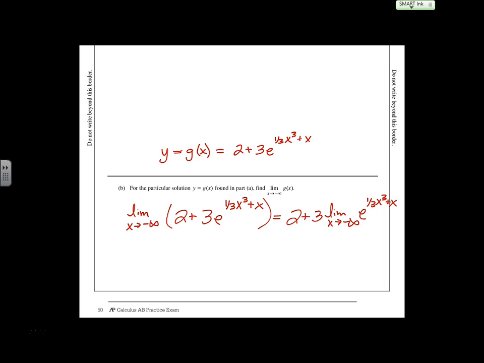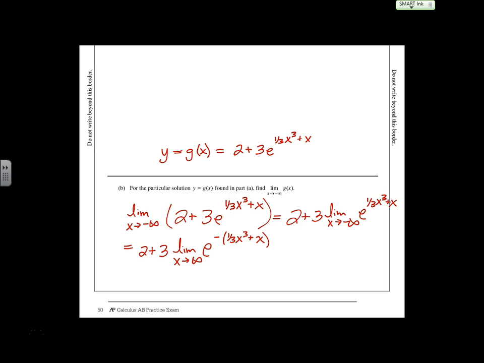Let me show you what's going on here mathematically. If the limit as x goes to negative infinity is of the exponent, I could rewrite this problem and put the negative in, and say that's the same thing as the limit as x goes to infinity of e to the negative (1/3 x cubed plus x). I'm not doing my soft math. If I was going to do my soft math, I'd put the little negative infinity here and the little negative infinity there.